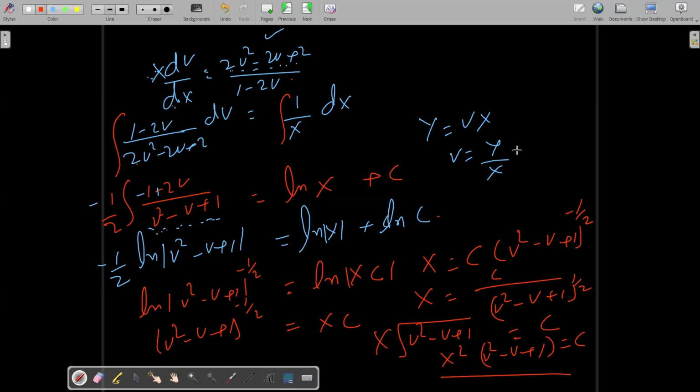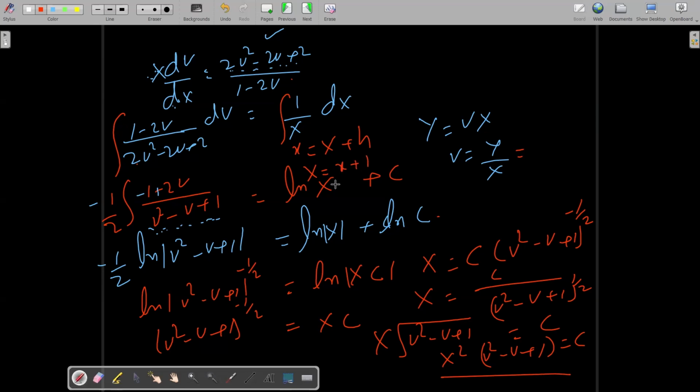Basically your capital X was, or small x was capital X plus h, so capital X would be x minus h. But the value of h was negative 1, so it will turn into positive 1.